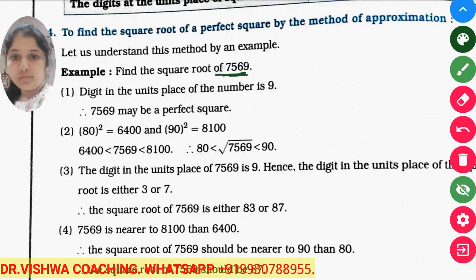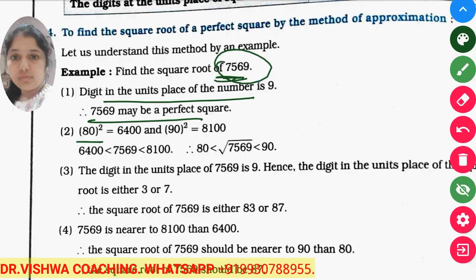Okay, so this is one number. It is a perfect square, because it has 9 at the unit place. So unit place ka digit is 9, so it is the square root of a perfect square. Now how can we find this?